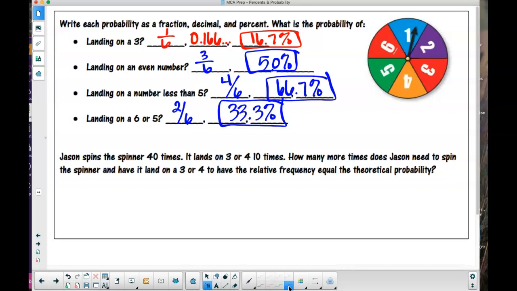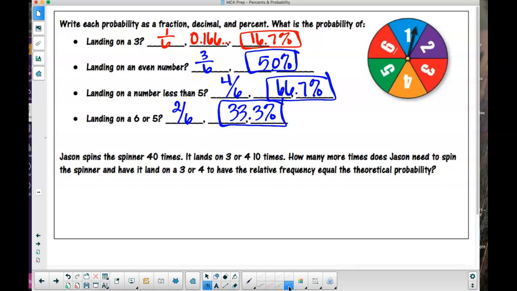Now, I need you to look at this word problem. So Jason spins the spinner 40 times. It lands on 3 or 4 10 times. How many times does Jason need to spin the spinner and have it land on a 3 or 4 to have the relative frequency equal the theoretical probability? Is that confusing?